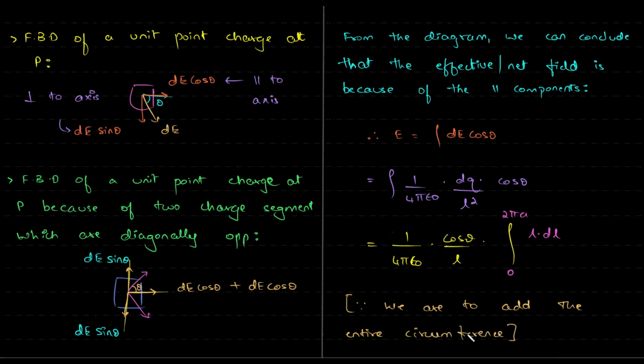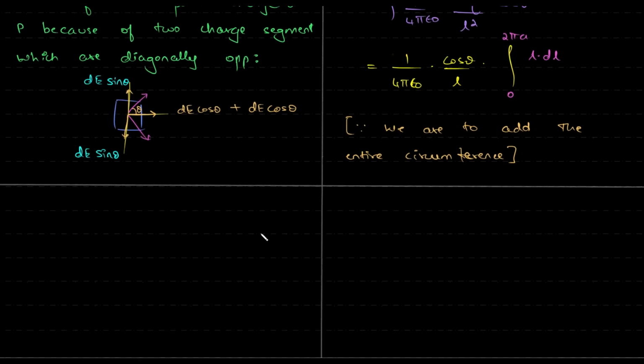So basically I am walking from the starting point and coming back to the starting point. So the length that we will cover is 0 to 2 pi a. Agree? Here lambda is fixed, 4 pi epsilon naught is constant, cos theta is constant, L is constant.